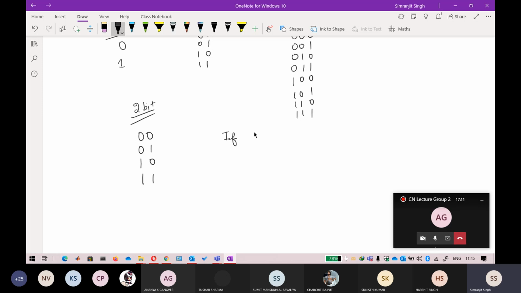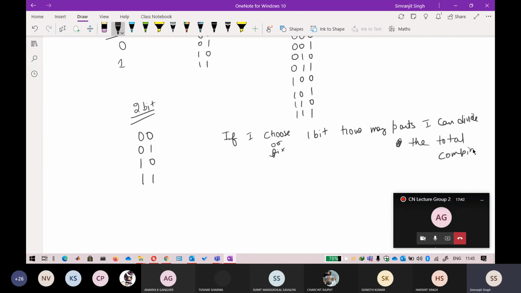If I ask the question, if I choose or fix one bit, how many parts can I divide the numbers into? I can divide the total combinations.